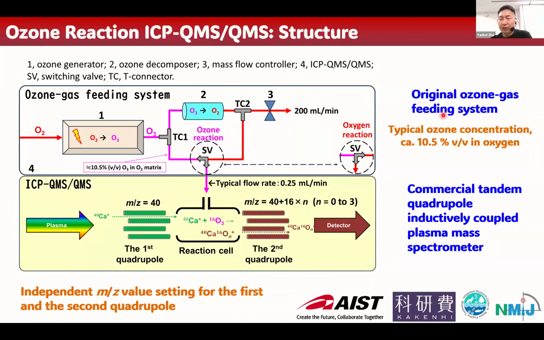Here, the original ozone gas feeding system provided a typical ozone concentration of about 10.5% volume percent in an oxygen matrix. Other brands may also be applicable.